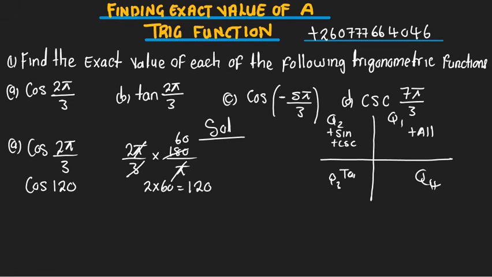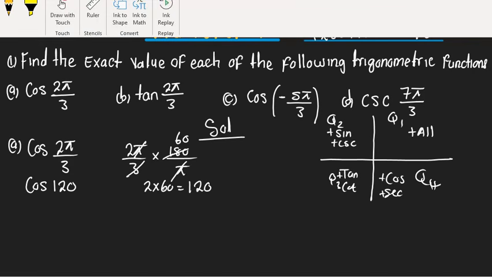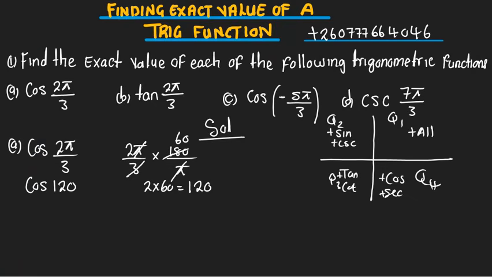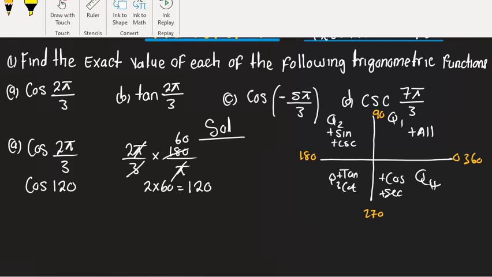In the third, it's tan and cotangent that are positive. In the fourth, it's cosine and secant that are positive. Then I want you to notice something here. This is your 0, this is your 90, this is your 180, 270, then 360. This is a circle, a complete rotation.